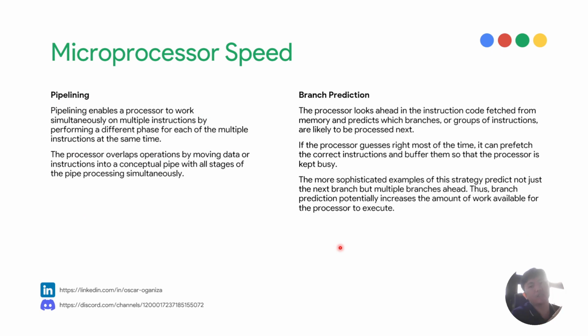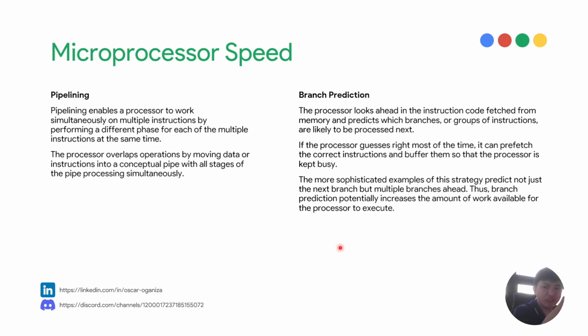So again, let us first discuss what's pipelining. When we say pipelining, it enables a processor to work simultaneously on multiple instructions by performing a different phase for each of the multiple instructions at the same time. The processor overlaps operations by moving data or instructions into a conceptual pipe with all stages of the pipe processing simultaneously.